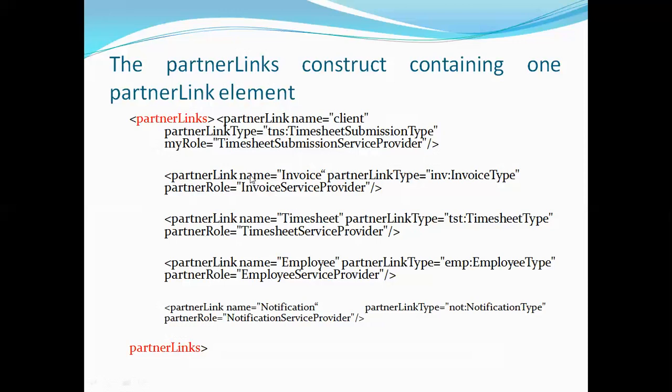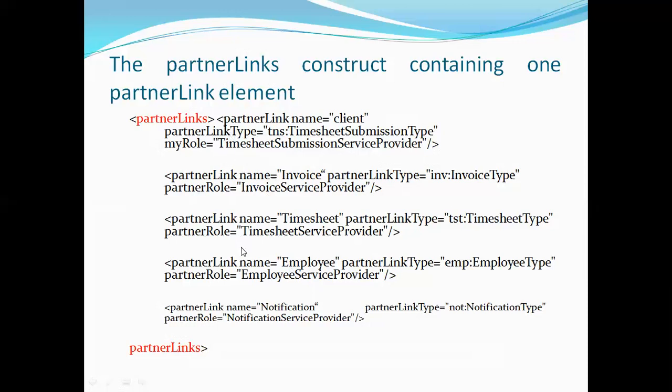And these are the different links provided. So one invoice link is there. To execute the timesheet service, a timesheet link is there. To process the employee service, the employee link is again provided. So see here, the partner link construct contains partner link elements.